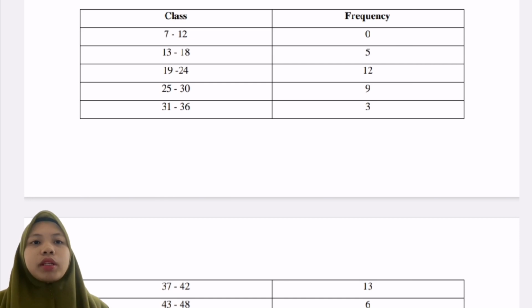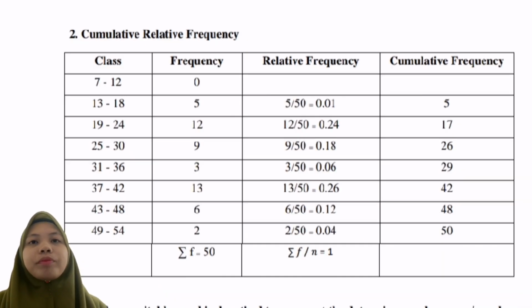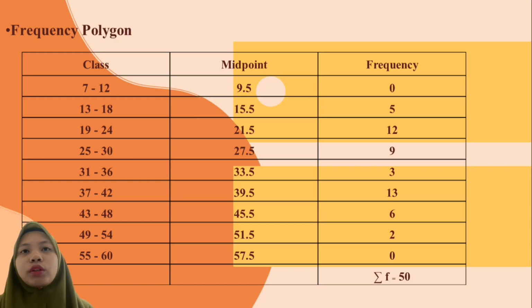And the next step is to do the table frequency distribution like that. And do the cumulative relative frequency table like that. And lastly, before we go to draw the graph, we have a table frequency polygon.